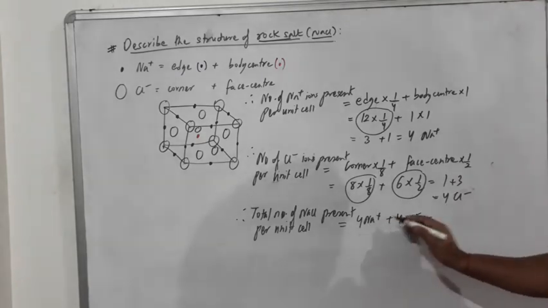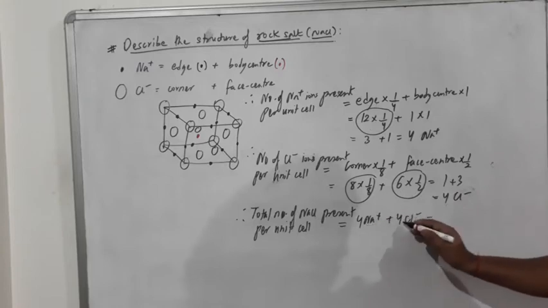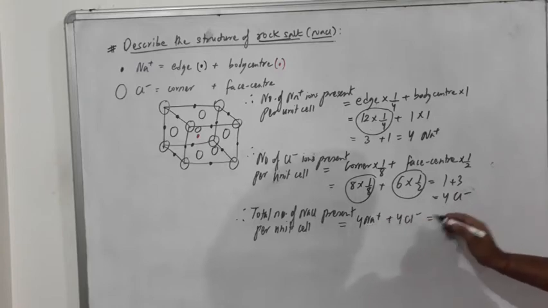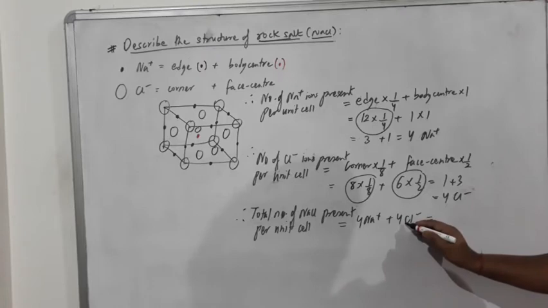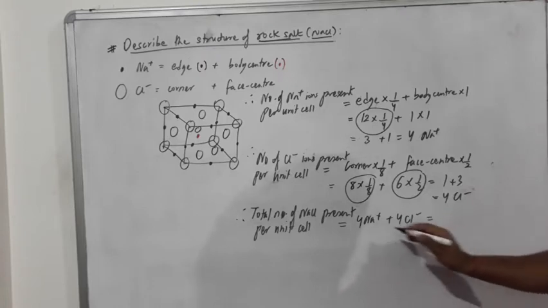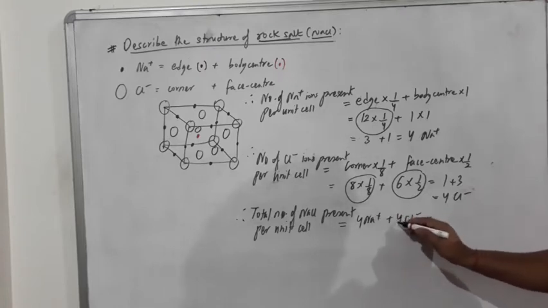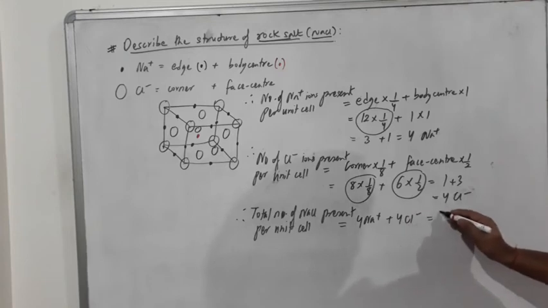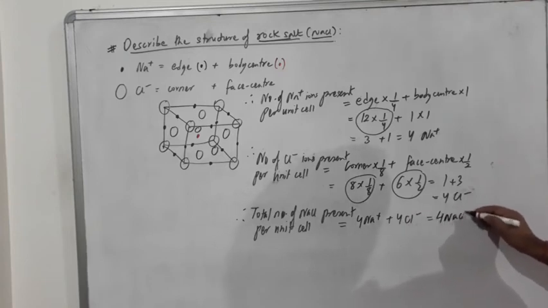So 1 Na+ will combine with 1 Cl- to give you 1 NaCl. 2 Na+ will combine with 2 Cl- to form 2 NaCl. 3 Na+ will combine with 3 Cl- to form 3 NaCl. So similarly, 4 Na+ will combine with 4 Cl- to give you 4 NaCl.